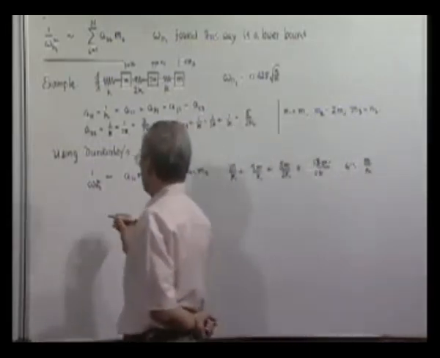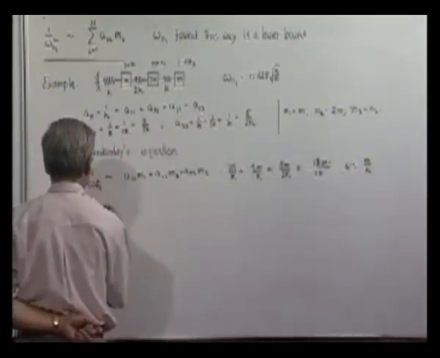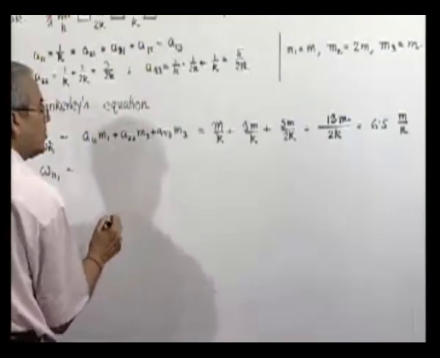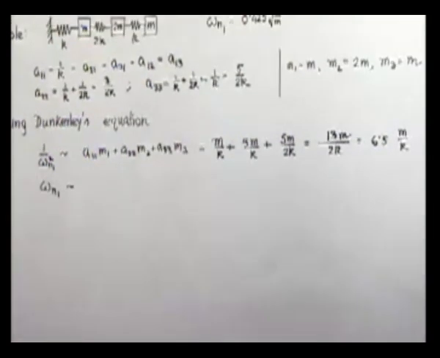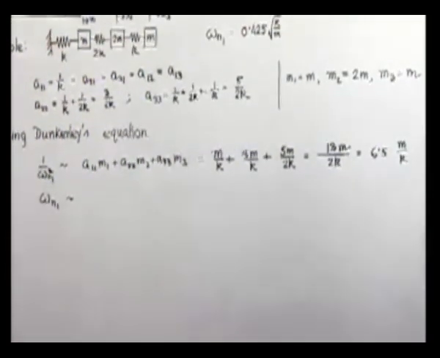If we find out omega n1 from this, we will get the square root of 1 by 6.5, which is 0.4.